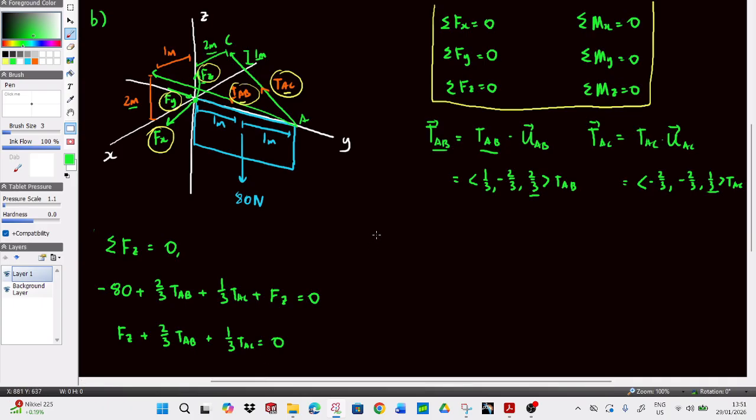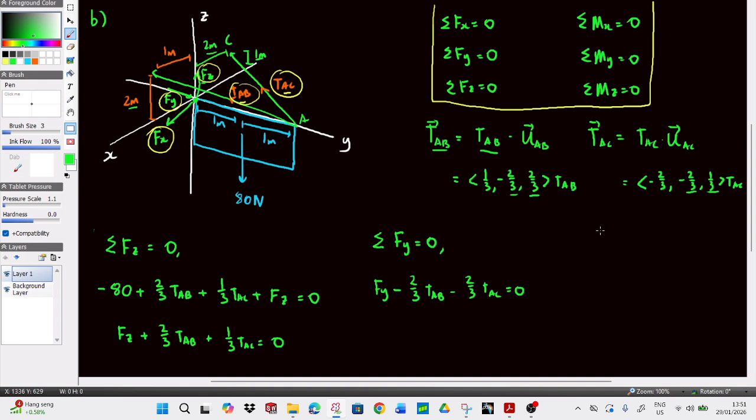Then we have our summation of Fy equals 0, which in this case, Fy is positive, so Fy minus, for TAB it is negative 2/3, so it becomes 2/3 TAB, and here it is negative 2/3, so minus 2/3 TAC equals 0. So that's our expression, by the way.